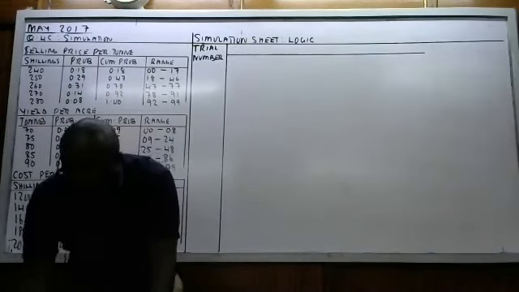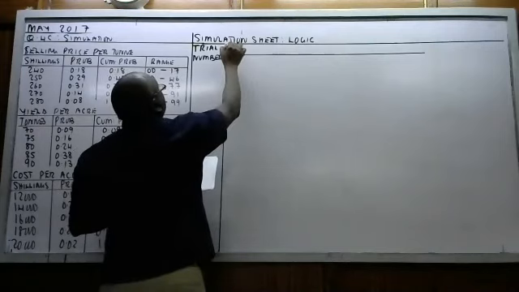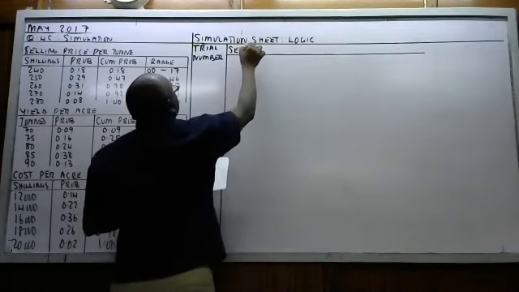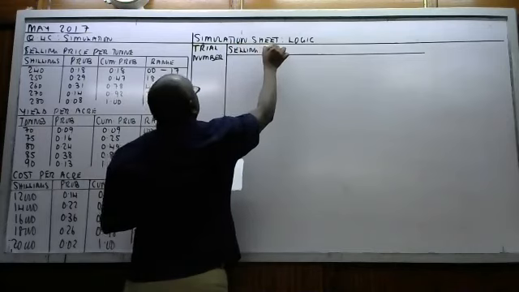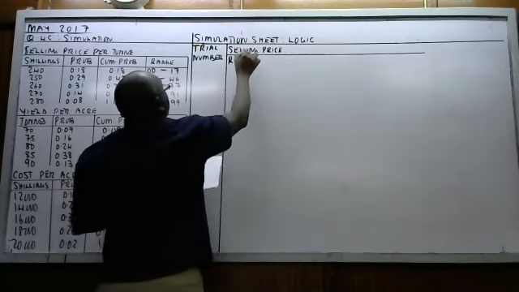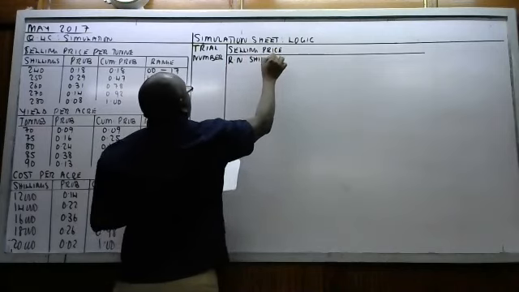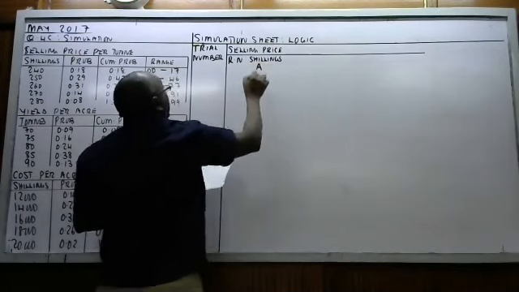Now this one, we get selling price. We will have random number and then shillings, which we shall call A.